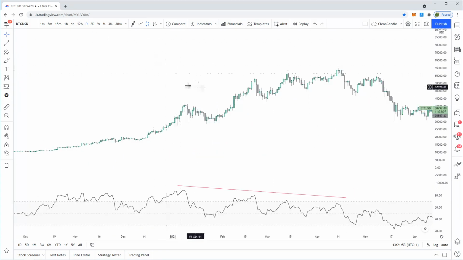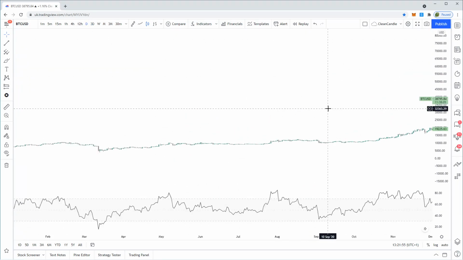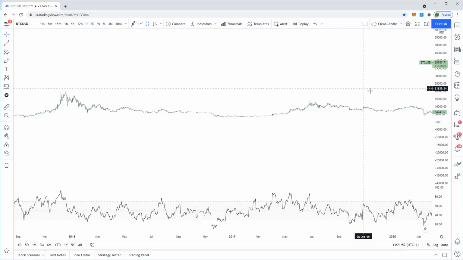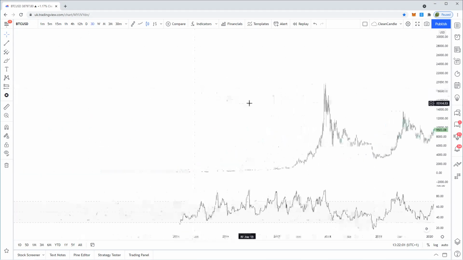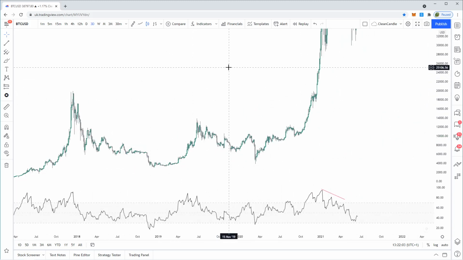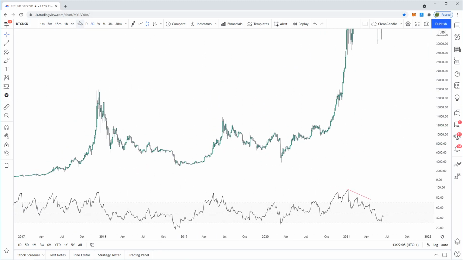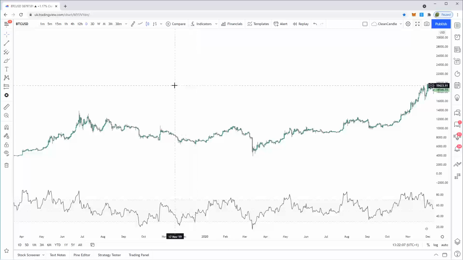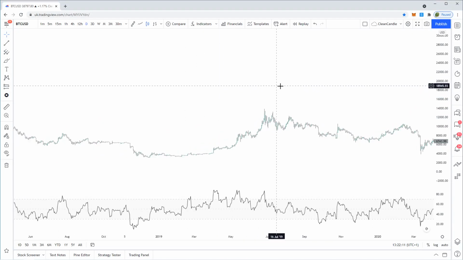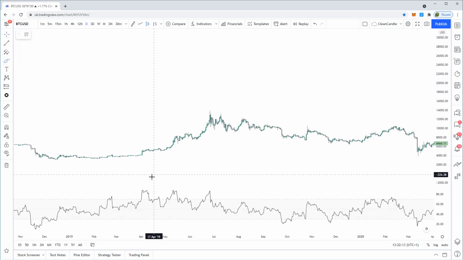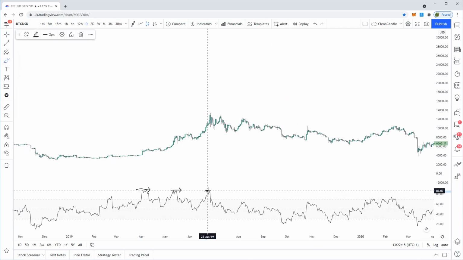Let me see here, the daily. See if we can get this one. Let's go back to maybe here. Where's this div taking place? May 2019. Yeah, okay, so a really good example here as well on the daily. So we can see this high, and this high, they're all lower highs on the daily.